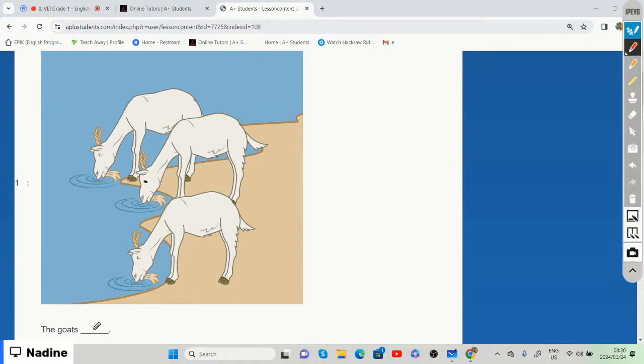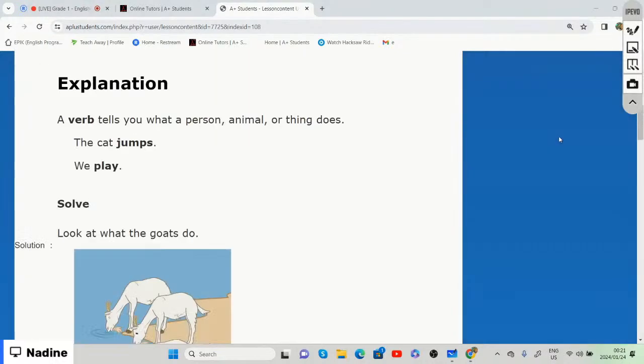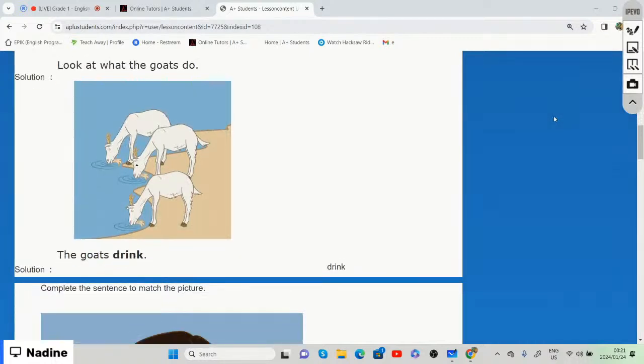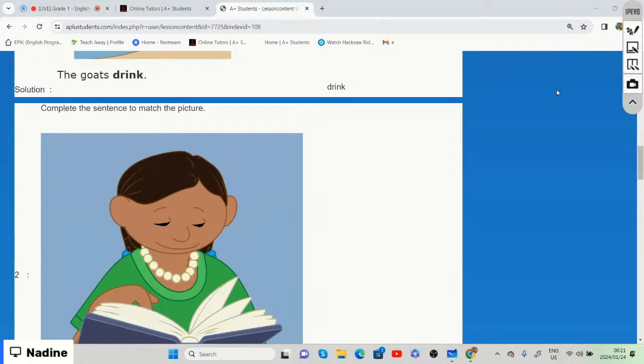So the goats drink, because they're drinking water from the river. So we say that the goats, they drink. So what are they drinking? They're drinking water from the river.